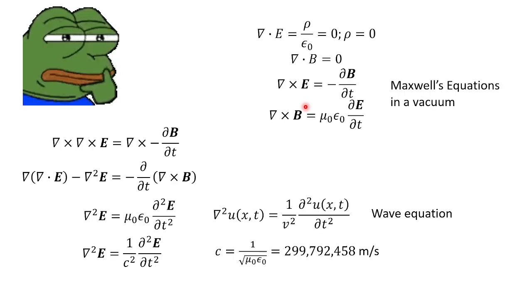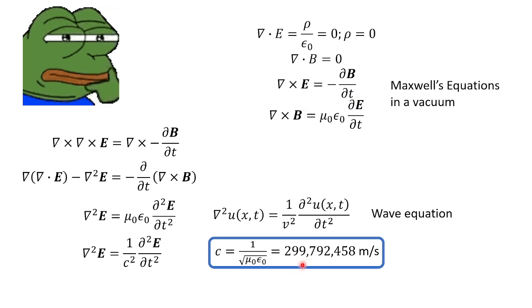Another review: we know from Maxwell's equations in a vacuum, considering that space is a vacuum, that the speed of electromagnetic wave propagation is c, which is 299,792,458 meters per second.